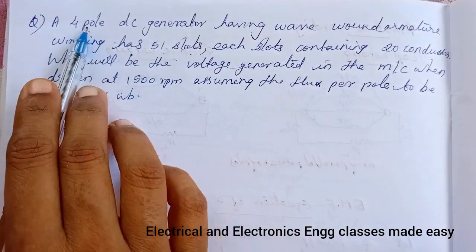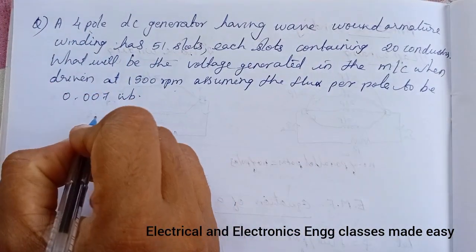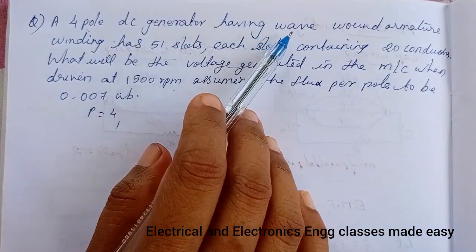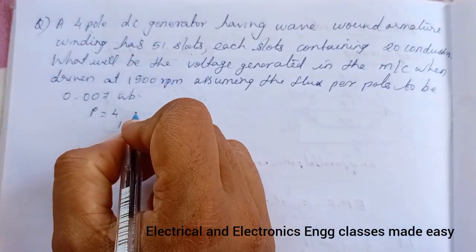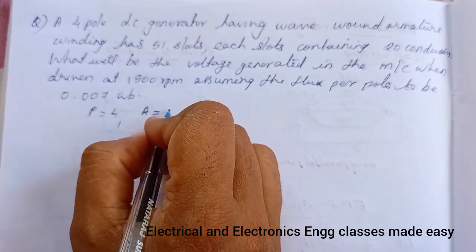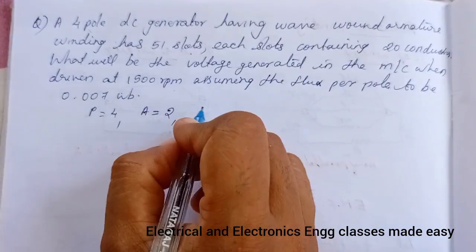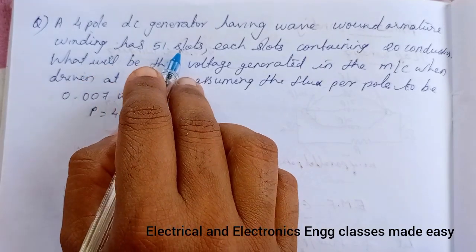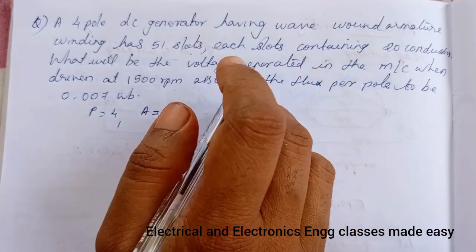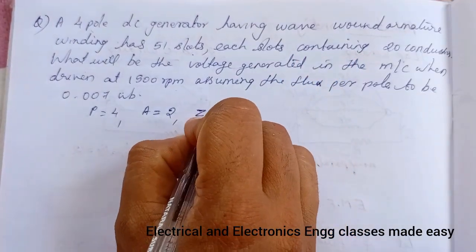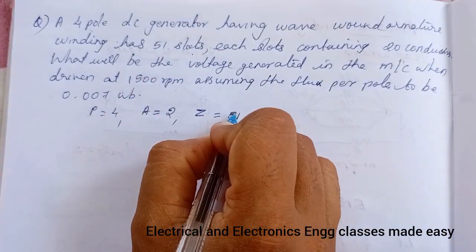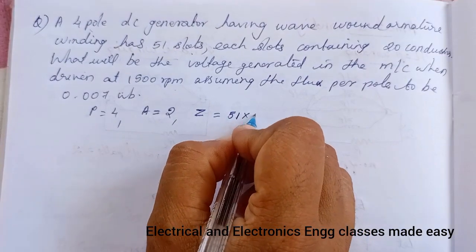So here number of poles is given as 4, so P is 4. It is a wave wound armature, so A, the number of parallel paths, is equal to 2. It has 51 slots, each slot containing 20 conductors, so the number of conductors is 51 into 20.